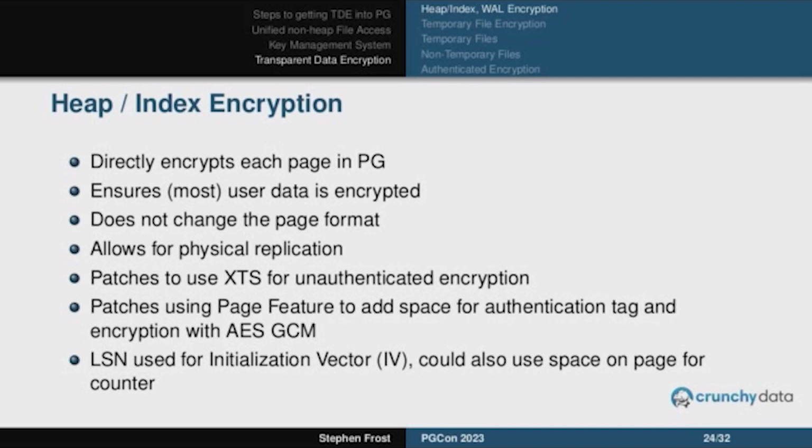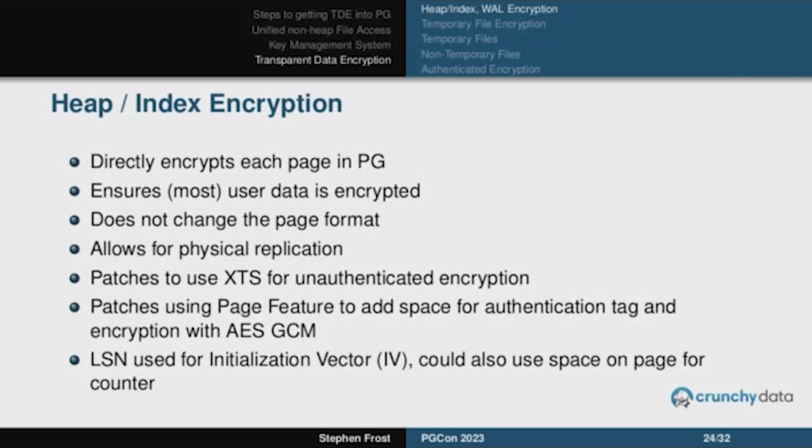So with the page feature capability, we could also have a per-page counter that we use as the IV instead of the LSN at all, right? And then you can be assured that you're not ever going to repeat those. So it's just another thing you could leverage the page feature capability for.